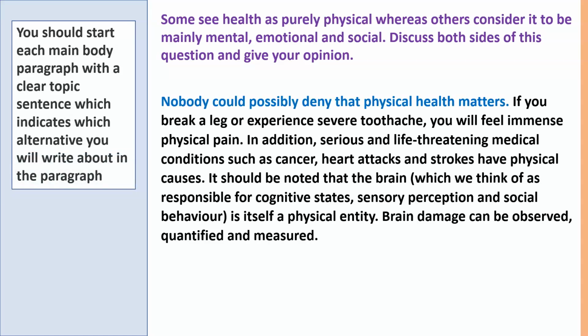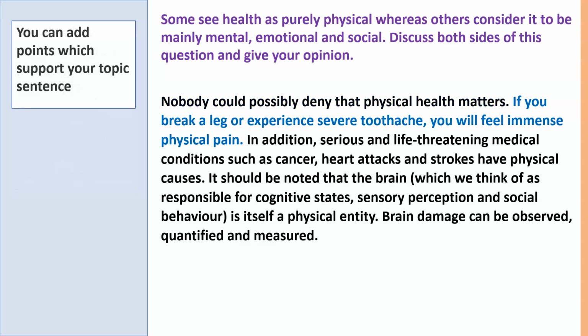Moving on to the first main body paragraph. Again, start each main paragraph with a clear topic sentence indicating which alternatives you will write about. You can add points which support your topic sentence. And you can add explanation to support the points that you make.